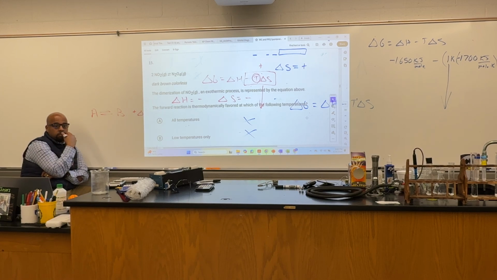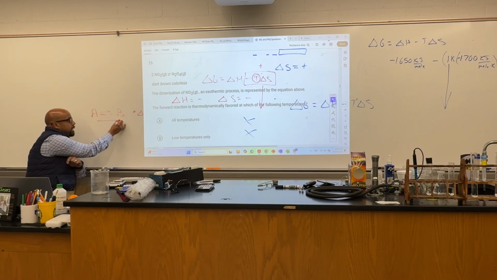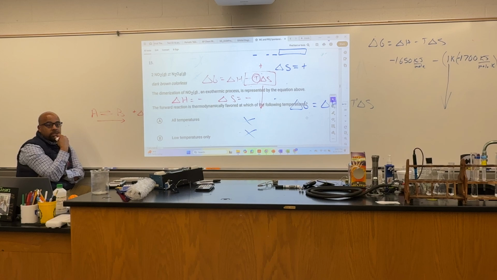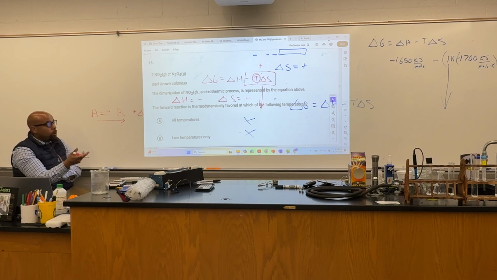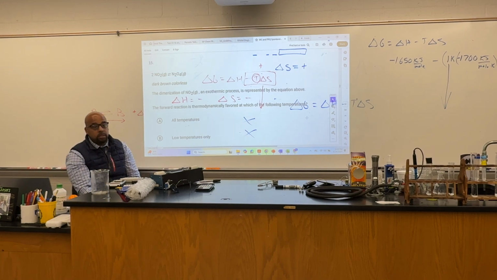But as soon as I do something such as lower the temperature, then it's thermodynamically favorable going in the forward direction. That's what they're trying to allude to here. They're simply saying that at whatever temperature, we want to make this thing proceed in the forward direction. What could we possibly do to achieve that? If I lower the temperature, then I can get this thing to proceed in the forward direction.